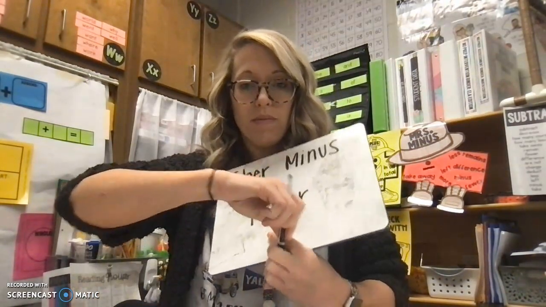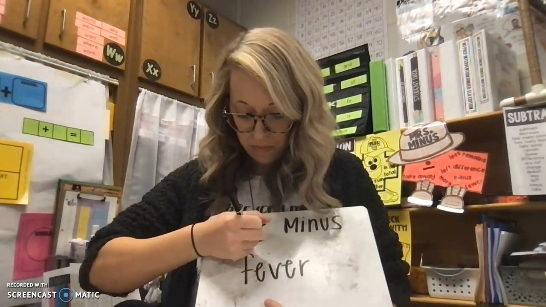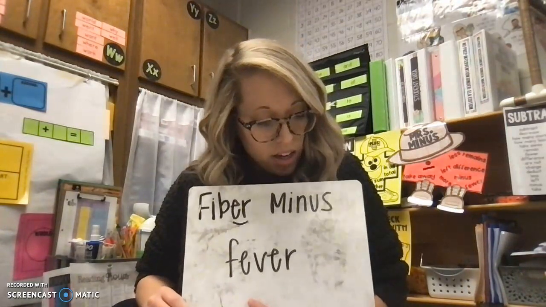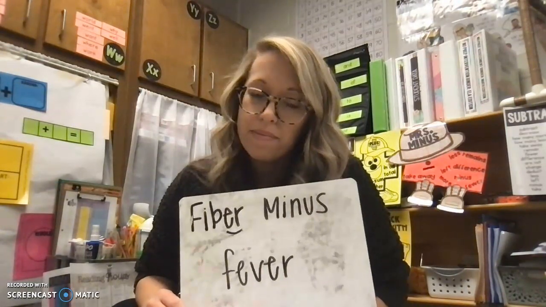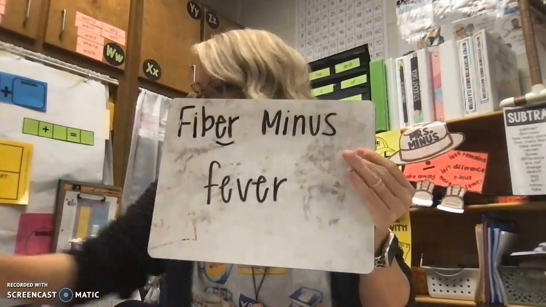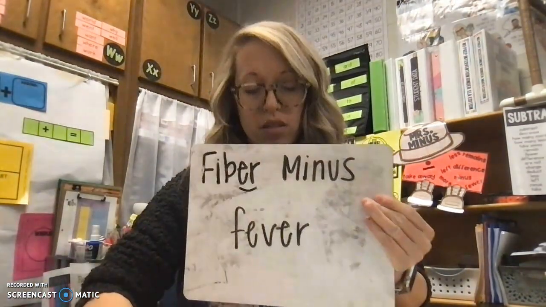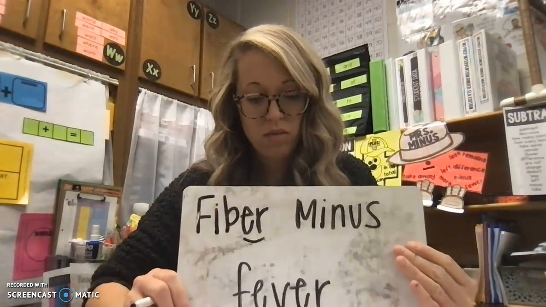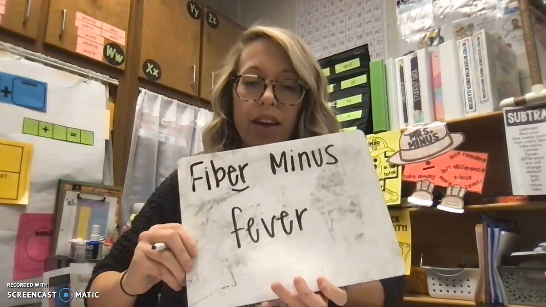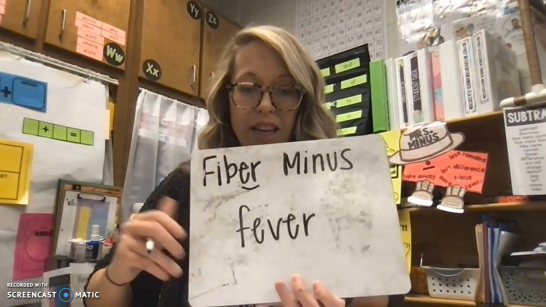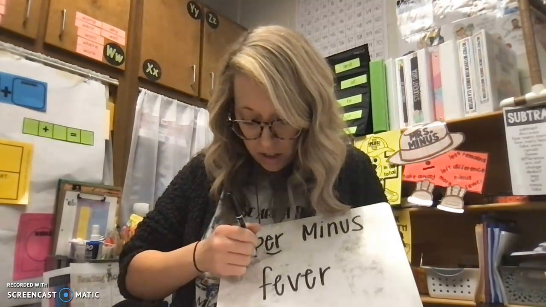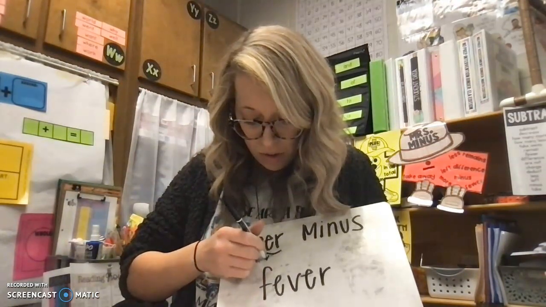Get my marker open. Combination ER. We put it in a boat. Yes. Now, how many vowels do you see in the word fiber? Yeah, I see two vowels. I see the vowel I and I see the vowel E. Now, we're going to go ahead and label our vowels and our consonant and our vowel.